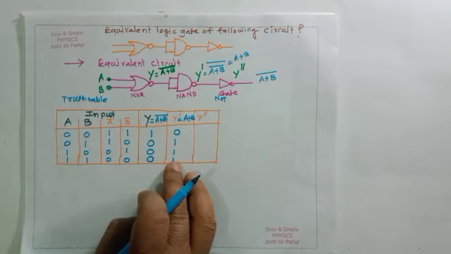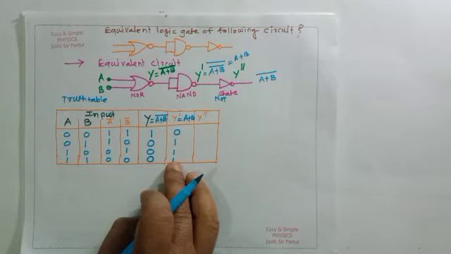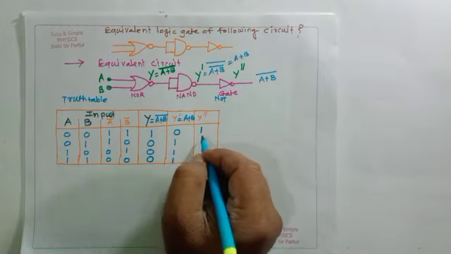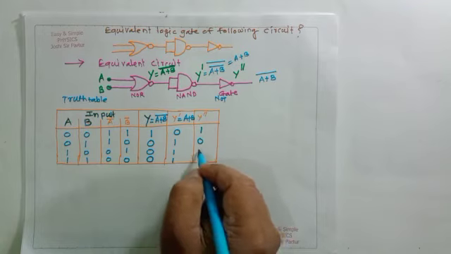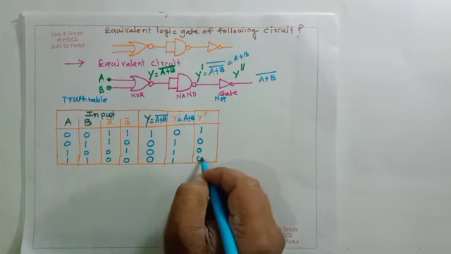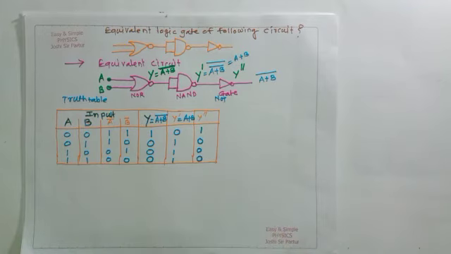And Y double dash, the complement of A or B, will be high, low, low, low. This represents the truth table, and this truth table is the same as the NOR gate.